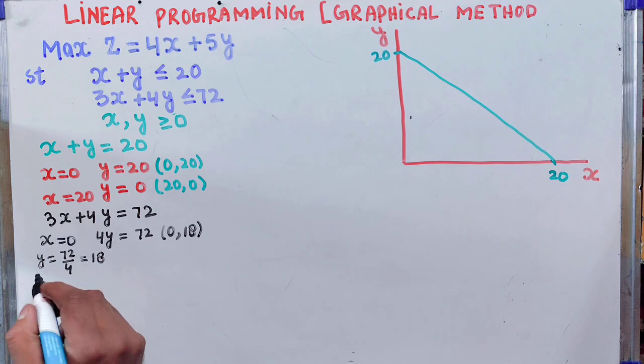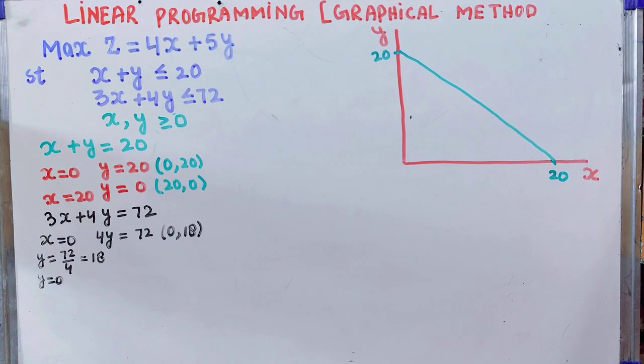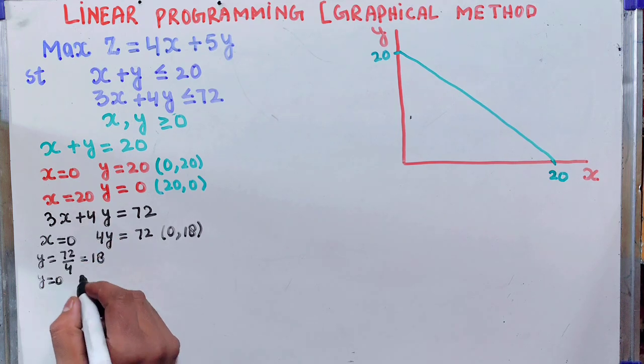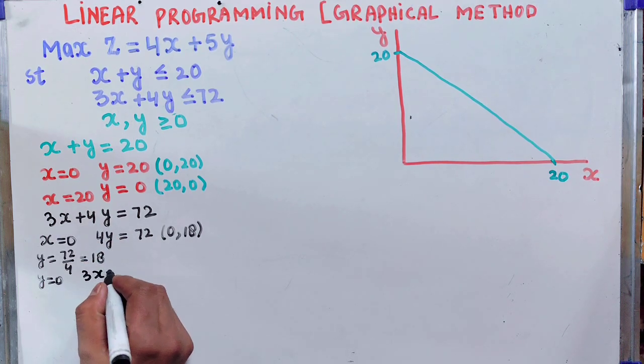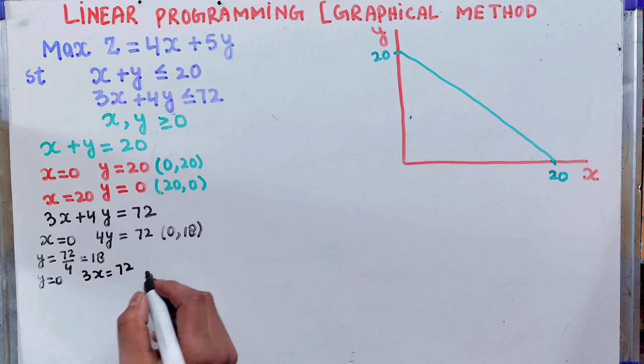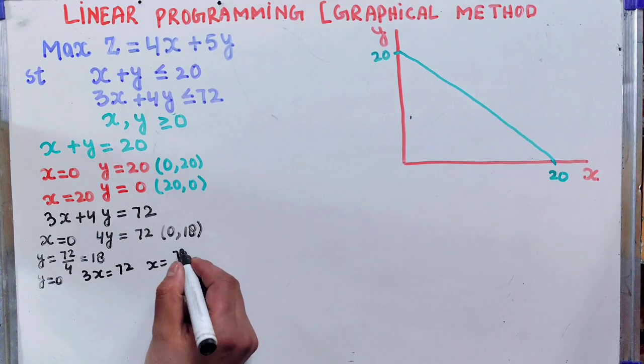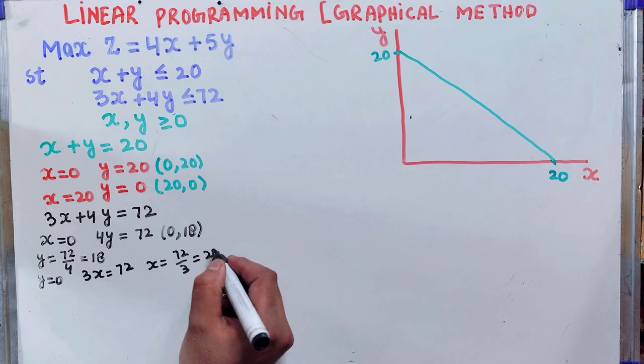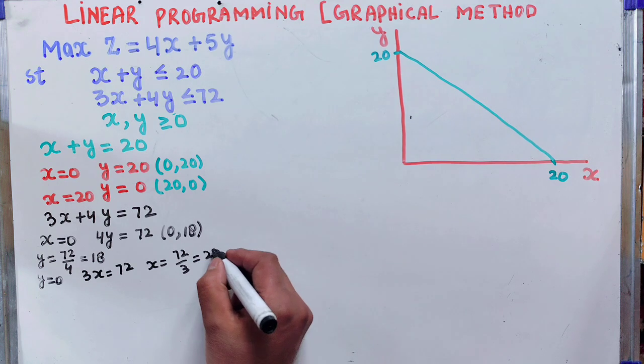Now again we plug in y is equal to 0 in this equation. So this term is equal to 0, meaning 3x is equal to 72, or x is equal to 72 divided by 3, which is 24.